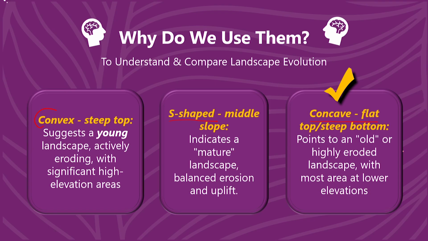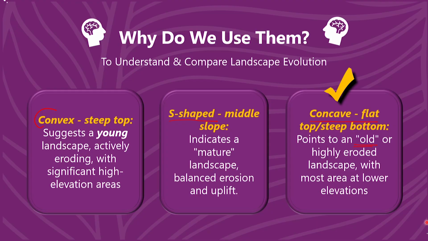In this scenario, it points to an old landform. Please remember, a concave curve means a flat top and a steep bottom, and this marks a very old landform where erosion has been thorough and most areas are at the lower elevation ranges.